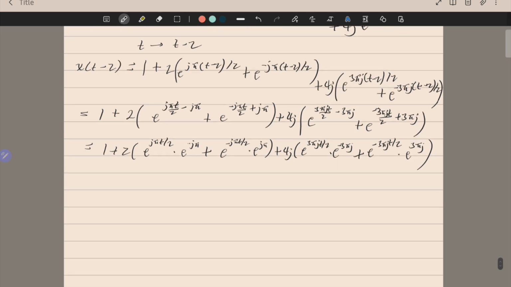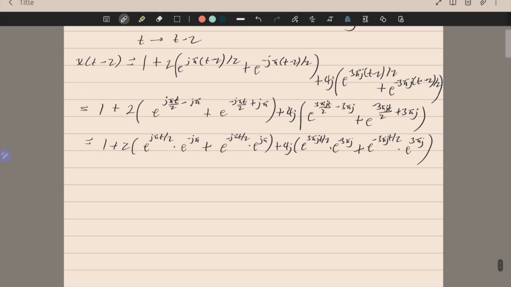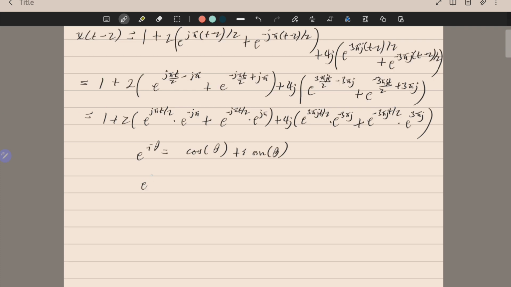Okay, so this is where Euler's formula comes into play. So recall that Euler's formula is e to the j theta equals cosine of theta plus j sine theta. This is supposed to be j because we're in electrical engineering.